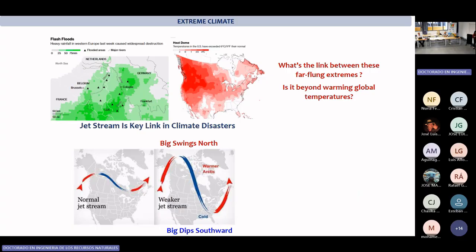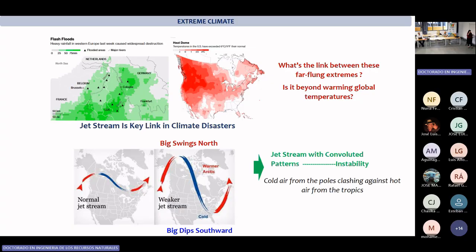As you can see here, there is the normal trajectory, and then the changed trajectory, with big dips and swings between the north and the south. So the exchange between cold and hot water masses has been modified, and that's why we have instability. This instability has been responsible for cold air from the poles clashing against hot air from the tropics.